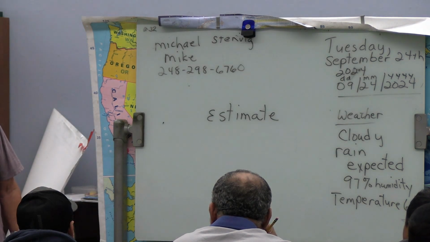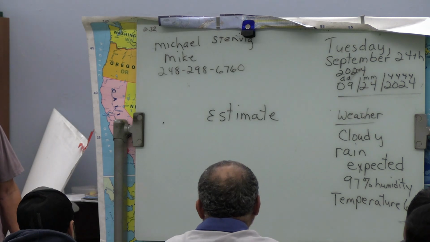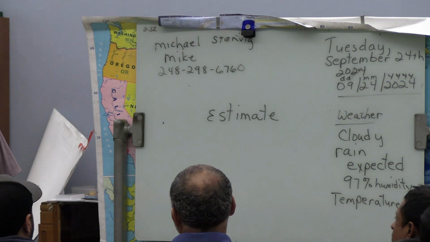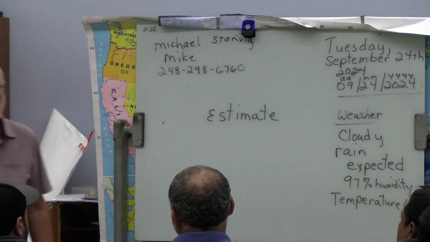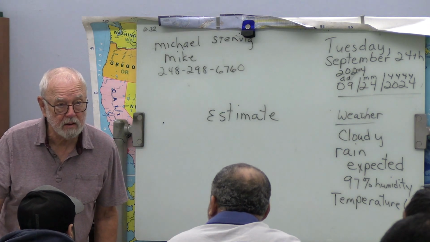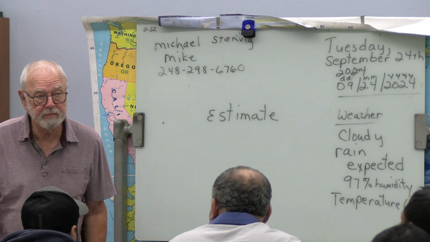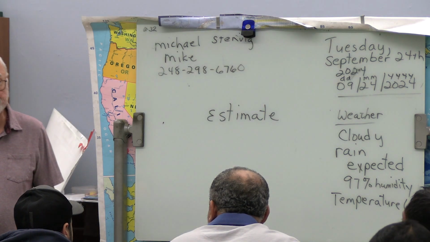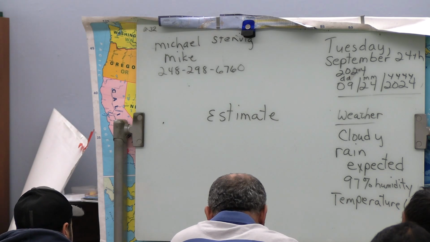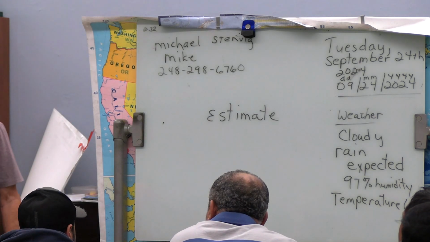Not a perfect answer, but close. Estimate. And in Arabic, I say, takrim. To make it closer. Takrim. That we study in math. We estimate a lot of things.